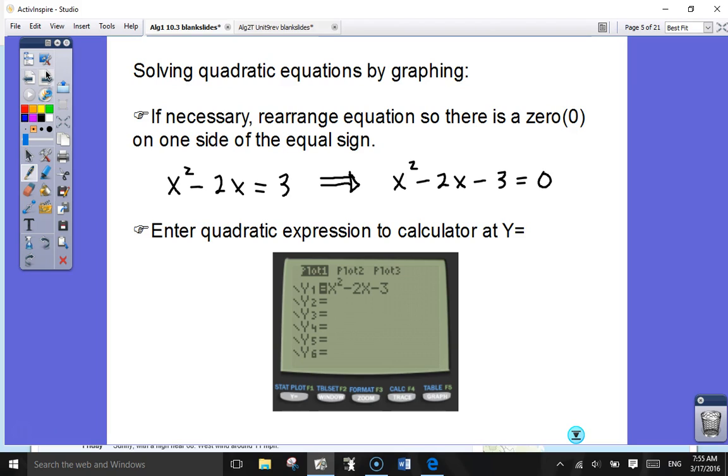Okay, now use your calculator. Go to the y equals, right? The y equals is right here. And put x squared minus 2x minus 3.